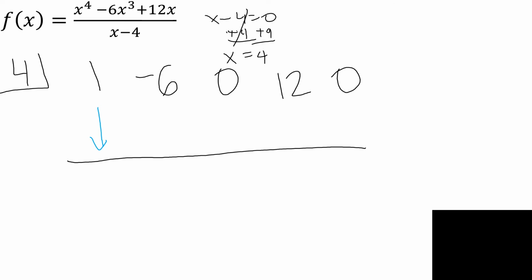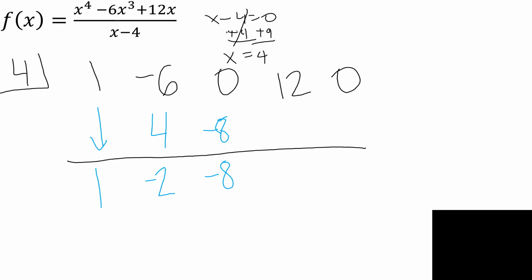our first term comes down, and then we say 1 times 4, and we write it here. And then we'll have negative 6 plus 4 is negative 2. Negative 2 times 4, which is the 0 up here in the corner, is negative 8. 0 minus 8 is negative 8.